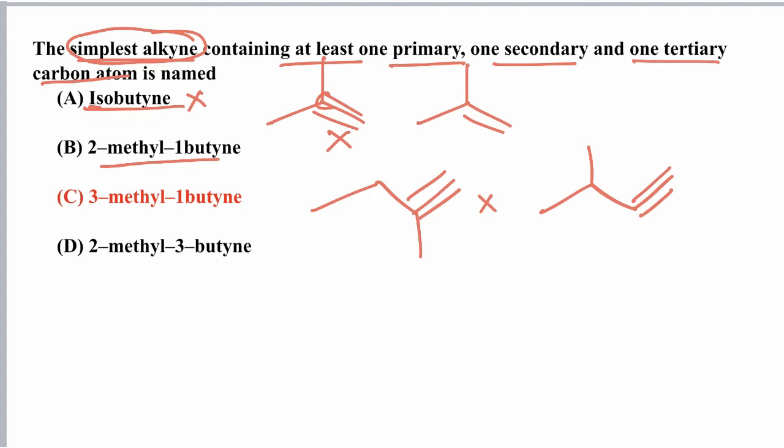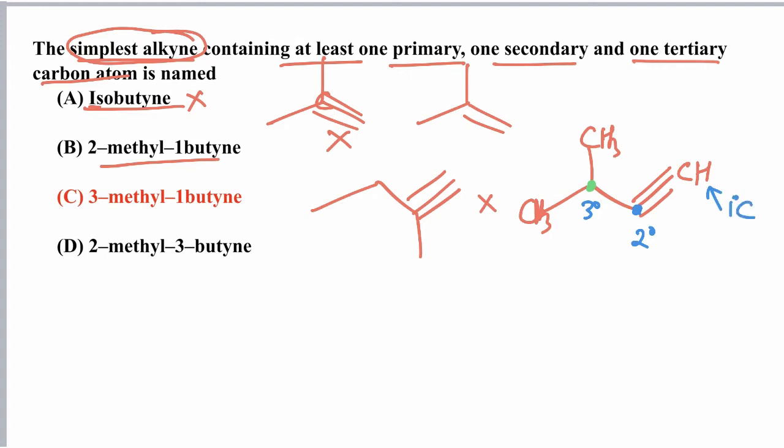Now this molecule is having all the three types of carbon. These carbon atoms are primary carbon. Now if we take this carbon atom, this is 3 degree carbon, and now this carbon is 2 degree carbon. So this molecule is having all the three types of carbon atom, 1 degree, 2 degree and 3 degree.